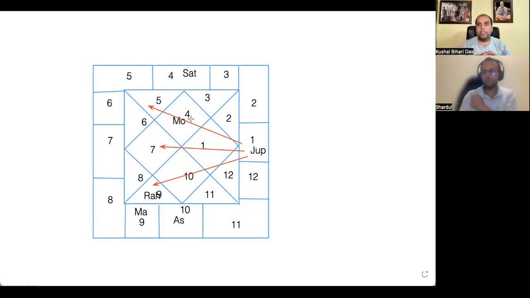From which house do you see second marriage? Always, the third from itself is the self house.